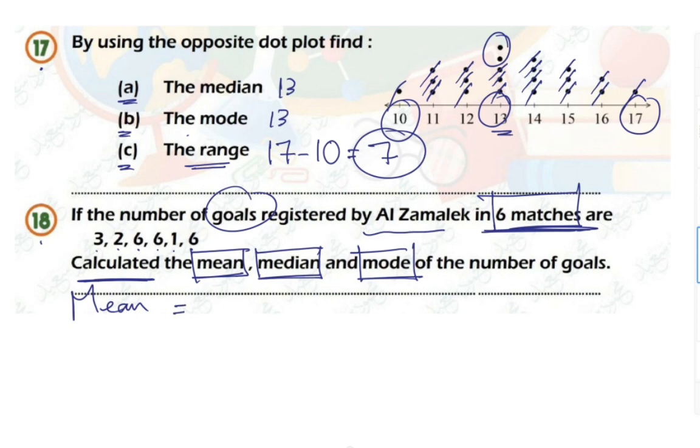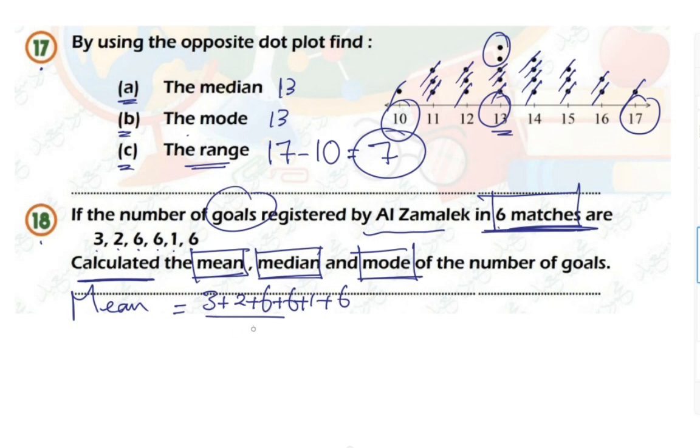The rule says the mean equals the sum of these values divided by their number. So I will add all values together and divide by the number of them, 1, 2, 3, 4, 5, 6.